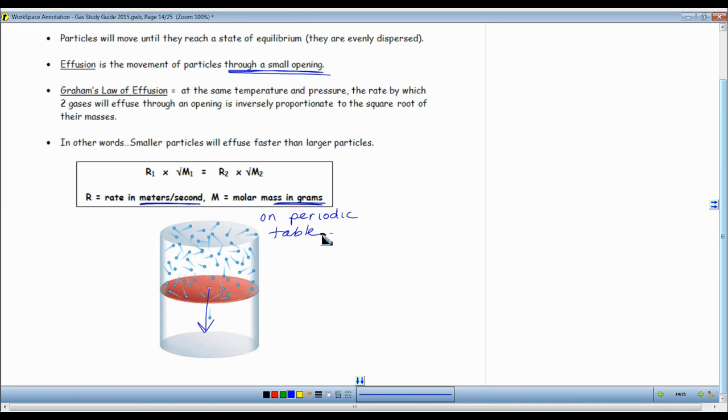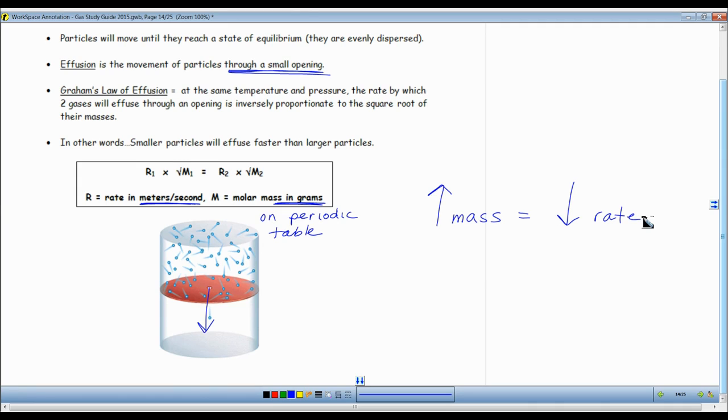Okay, so in other words, let's say I have a massive particle with a large mass. Inversely proportionate means then that the other variable would be low. A large particle with a large mass travels slow.